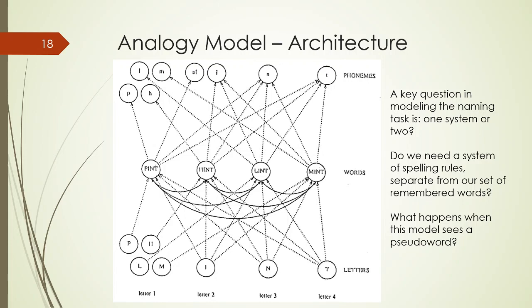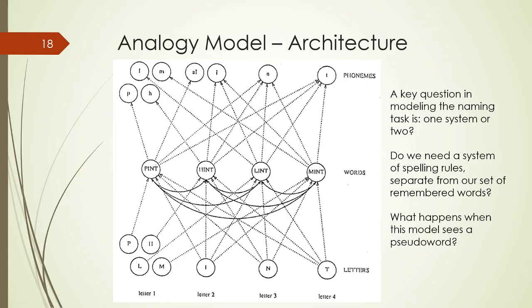This model, I just find this model very, very interesting because it assumes that all the action is mediated through words you know. And so the natural thing to ask is, can this model name pseudo words?